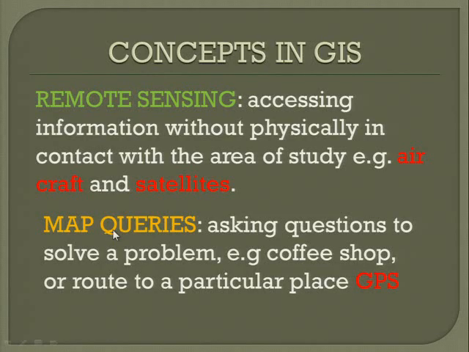The second concept that I want us to look at is map queries. What is map queries? Map queries is when you ask questions to solve a problem. For example, if you want to open up a coffee shop, it's very important that you ask yourself several questions.